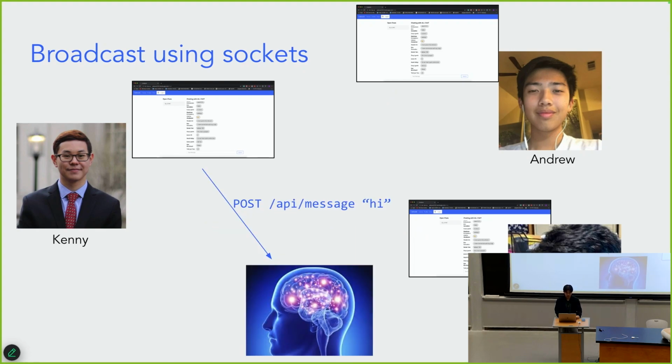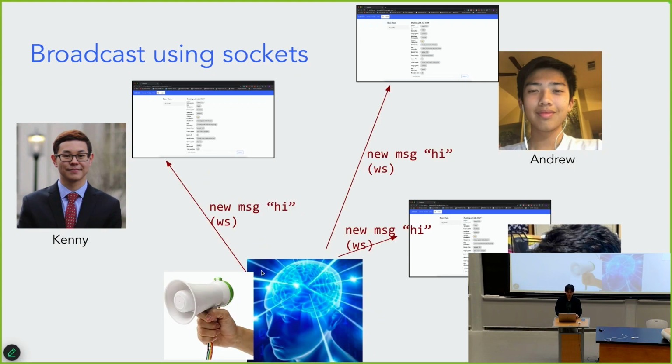So again, what we'll probably be implementing is within this post request, when Kenny makes a post request to /API/message, this is an event that causes the socket event to emit from the server to the clients.